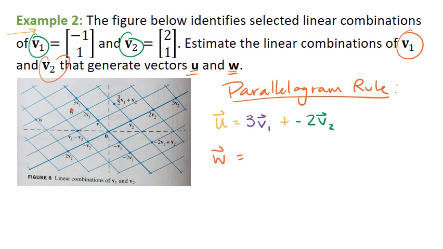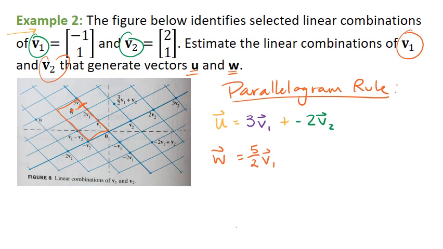So I can sketch in this parallelogram that's around it, and this will help me come up with the combination. Starting with V1, this distance is really 2.5, or 5/2 of vector 1.